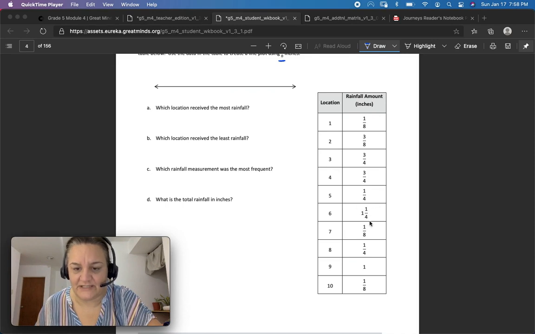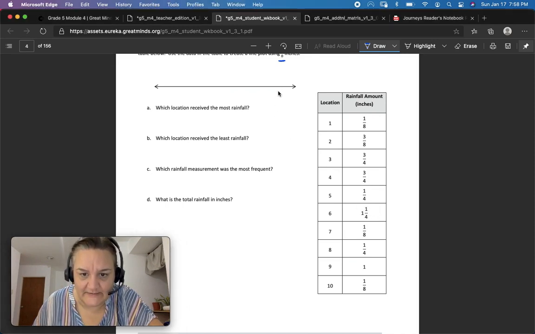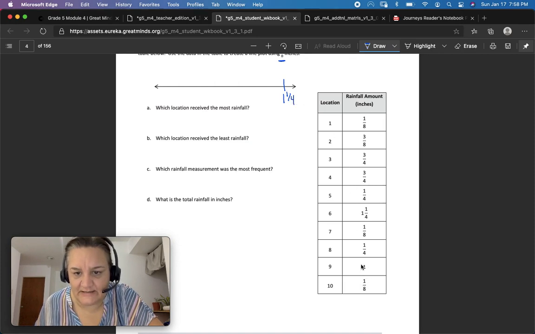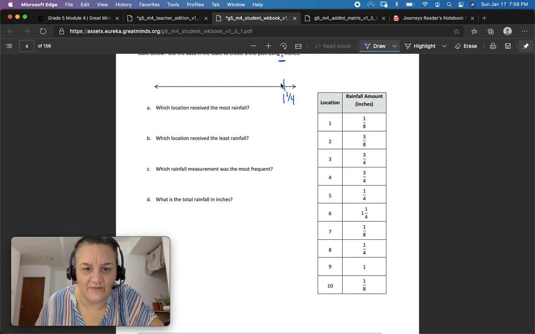Our largest number is going to be this side, 1 1/4. And our smallest number is 1/8. So 1 1/4, then this is going to have to be 1. And this will be 0.